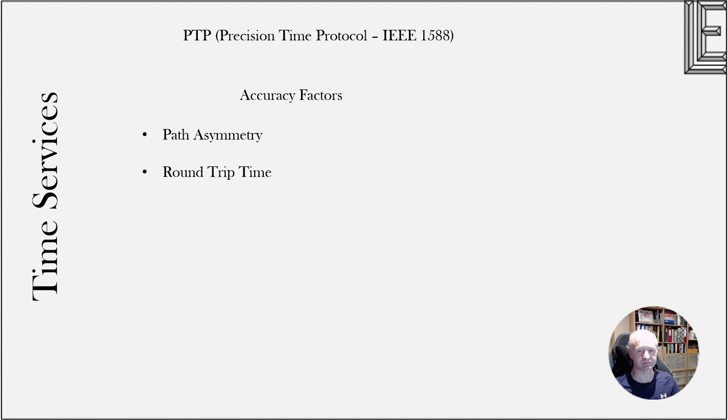Round trip time. Although this is less important than asymmetry, this can still have a significant impact, because as this rises, so the absolute value of the asymmetry is likely to rise. Node processing capability.